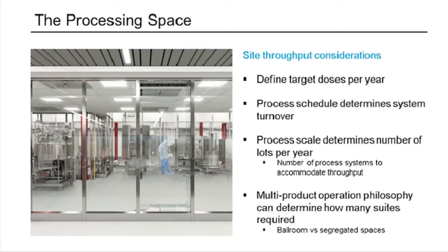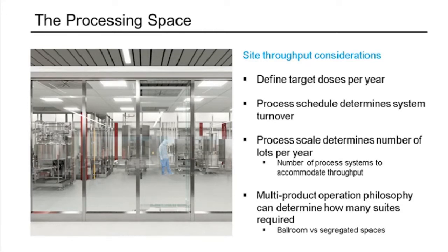to accommodate. And then process schedule really is the cadence of your process, how long it takes front to back to be able to perform that operation. For autologous, that might be something like 19 to 20 days, for example.